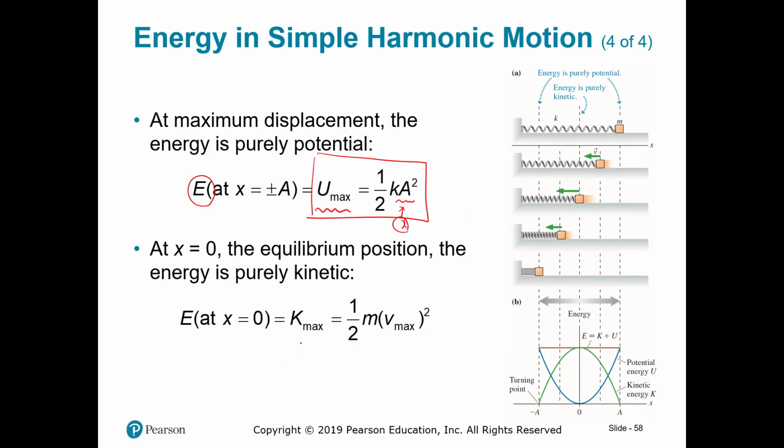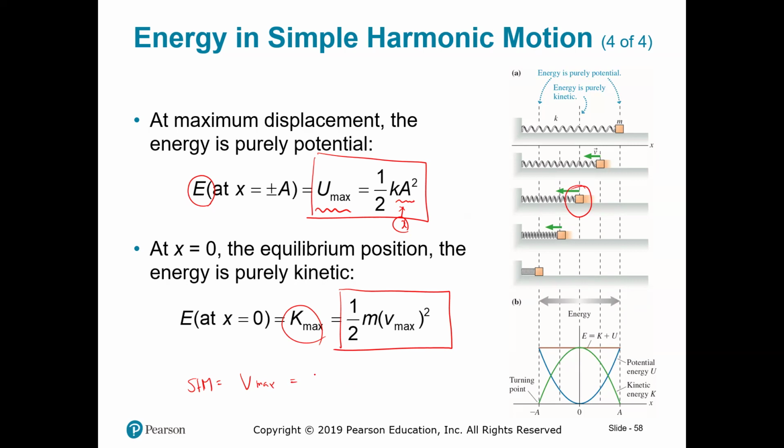And then what is the maximum kinetic energy? Maximum kinetic energy is 1/2 times m v max squared, at the midpoint, right? And you remember for simple harmonic motion, what is v max? We did that last time.